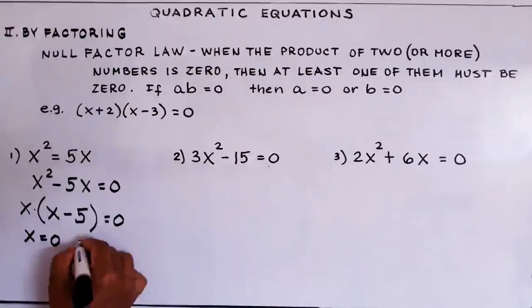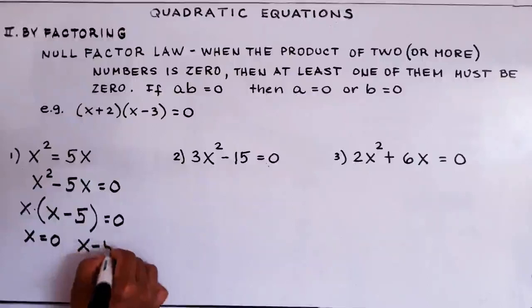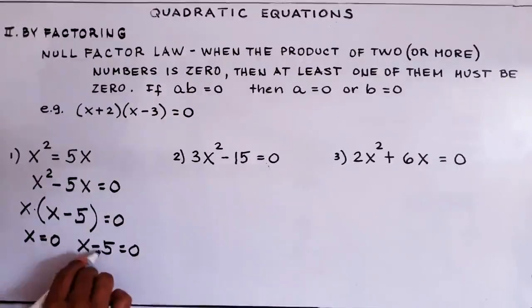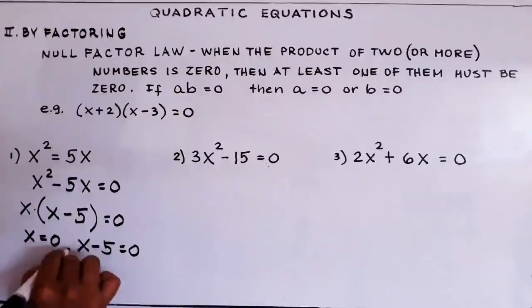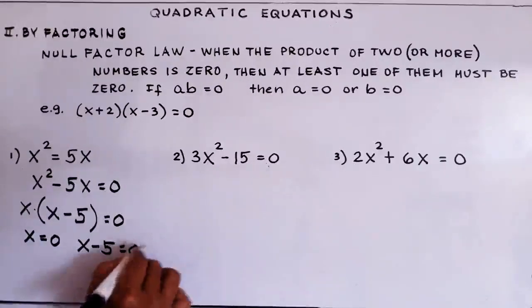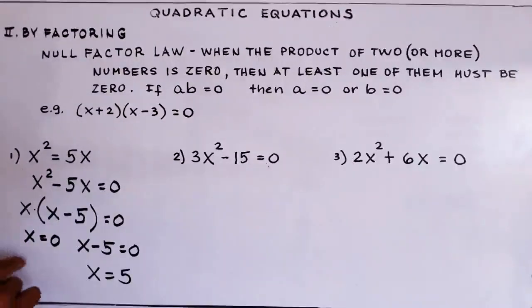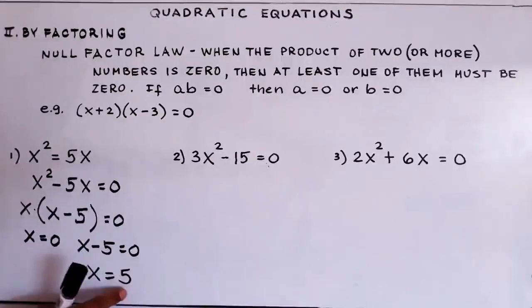And then the other one is x minus 5 is equal to 0. Transpose this one to the other side, or add 5 here, add 5 there. So x is equal to positive 5. So we have two solutions for x here. One is 0 and the other one is 5.